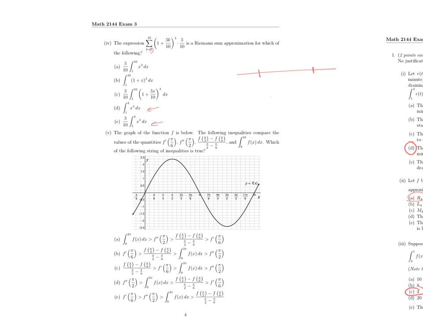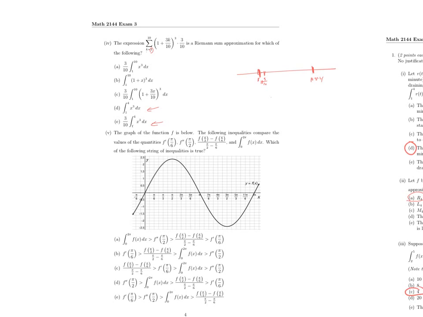If I plug in 1 for k, I get 1 plus 3/10, so it's going to be a right-hand sum. If I plug in 10, I get 1 plus 3, which is 4. So my starting point is 1, and my ending point is 4. So it's one of those two.